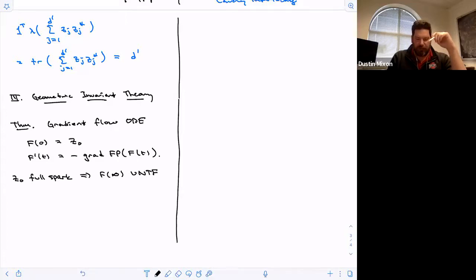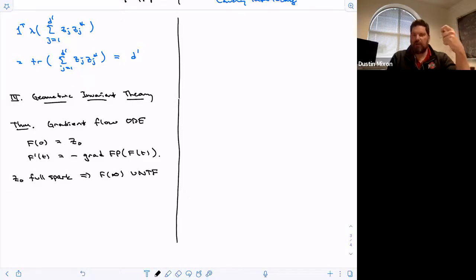This implies the Benedetto-Fickus theorem, intuitively, because if you have some critical point that's not a global minimum, it's going to have full spark frames in arbitrarily small neighborhoods of it, thanks to full spark frames being generic.